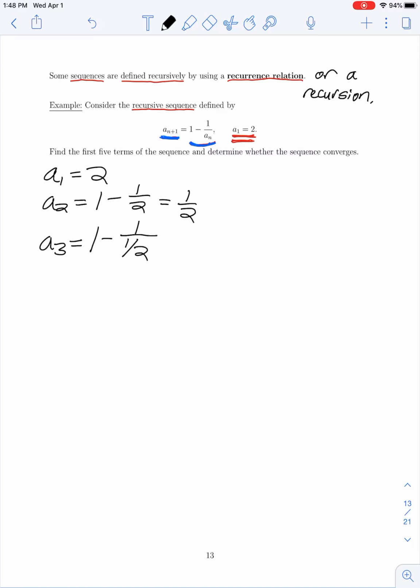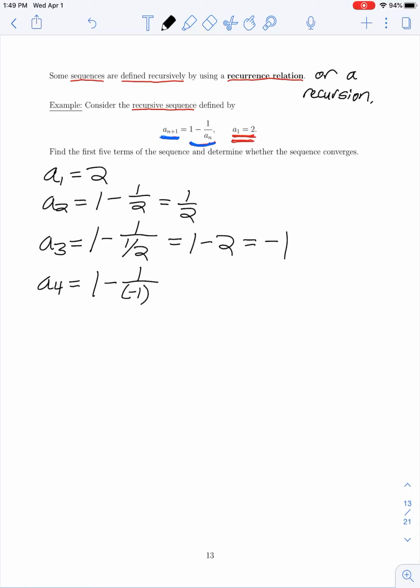Now to get the next term in our sequence, a3, using the recursion, we take 1 minus 1 over the previous term, which we just found to be 1/2. So we're left with 1 minus 1 over 1/2, which is 2, so we get -1.